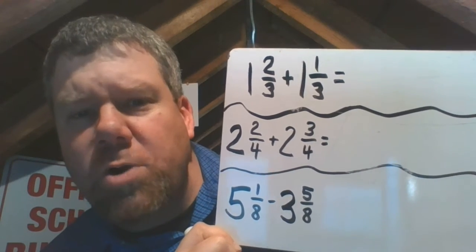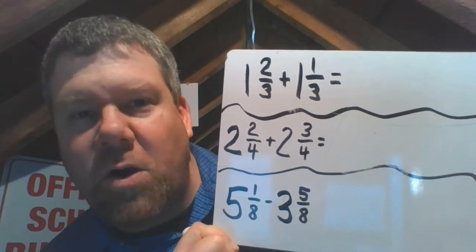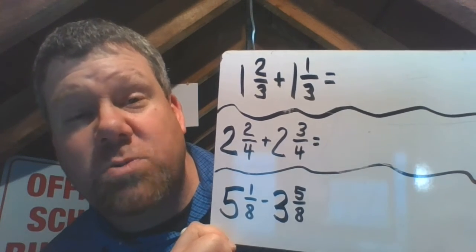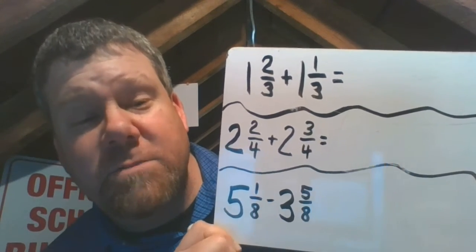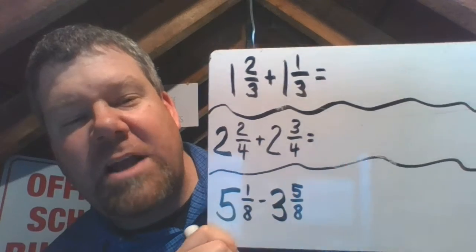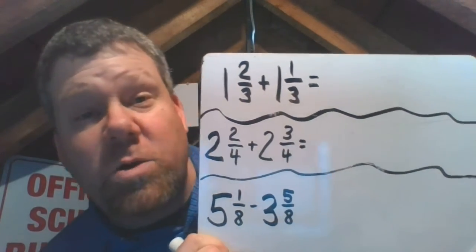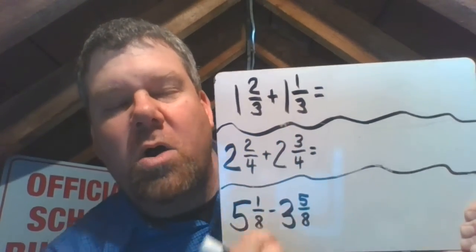3/3. The numerator is the same as the denominator. That means I have all the parts to the whole. So yes, in this instance, when I add 2/3 plus 1/3, I get 3/3, which is equivalent to 1. Okay, so I have added my fractions 2/3 and 1/3, and I've gotten 1. However, we're not done yet with this problem because we also have 1 whole and 1 whole.